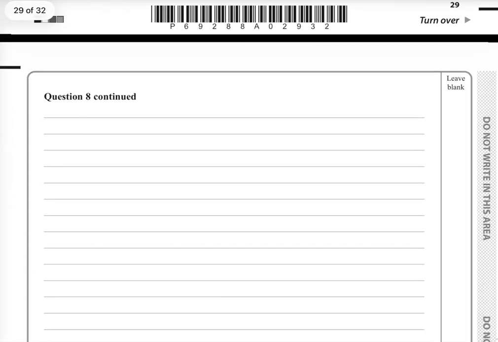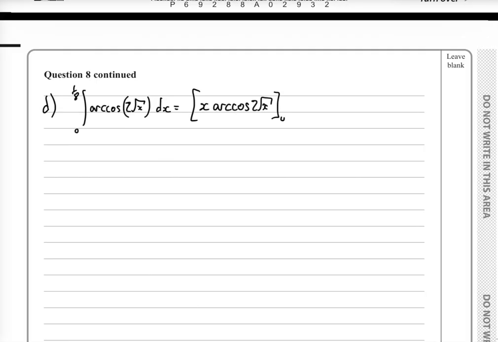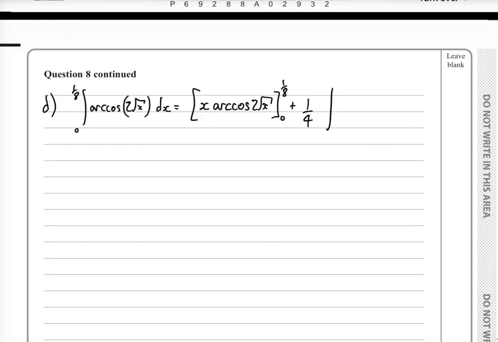So writing that out, part D, integral from 0, 1 over 8 of arc cos 2 root x dx is equal to x arc cos 2 root x from 0 to 1 over 8 plus 1 over 4 integral from pi by 4 to pi by 2 of cos squared theta d theta.